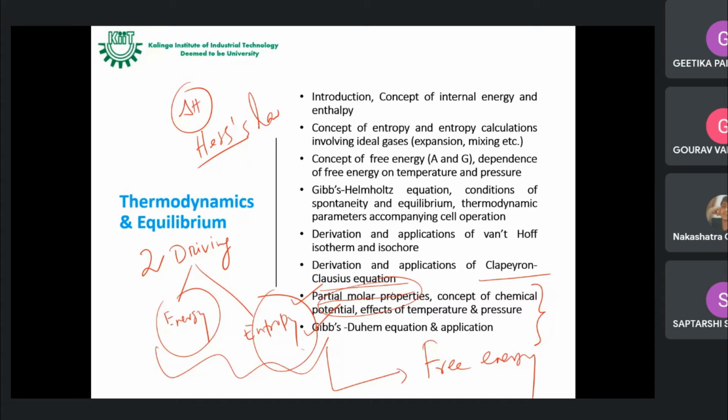Partial molar properties can be any extensive property, but when you say partial molar free energy, that is nothing but your chemical potential. So the concept of chemical potential is new to you. Regarding the Van 't Hoff equations, Gibbs-Helmholtz equation and Clapeyron-Clausius equation, we are going to derive all these equations, and also look into the application side. Okay, so that is the thermodynamics.